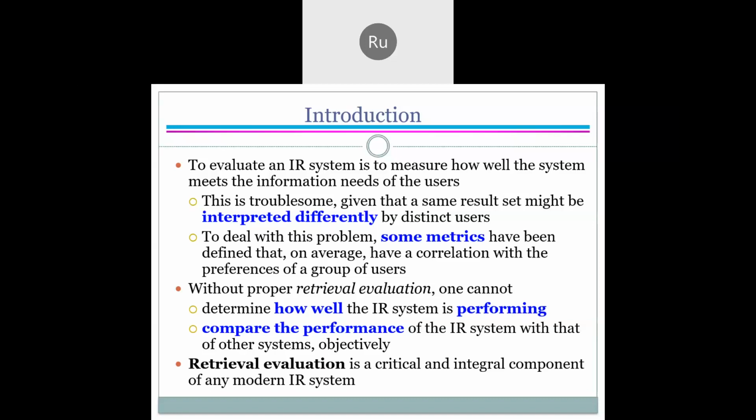So this lesson, this chapter, is a very critical and integral component of any modern IR system. We should be able to assess or evaluate the performance of the retrieval system based on the results returned for several queries given to the system.